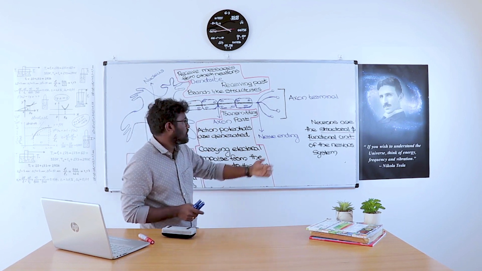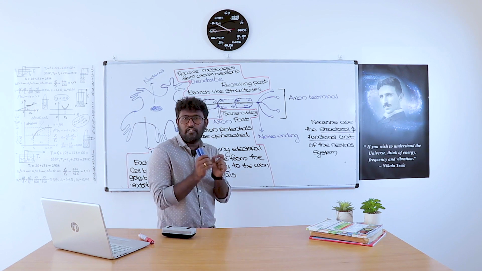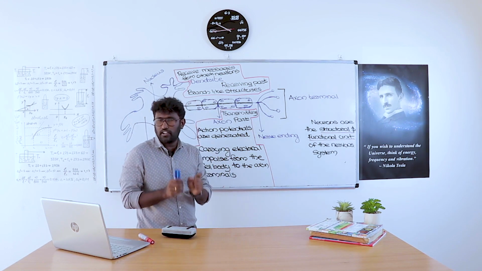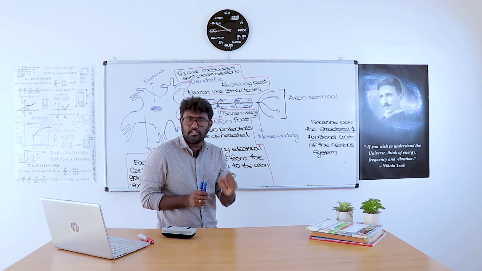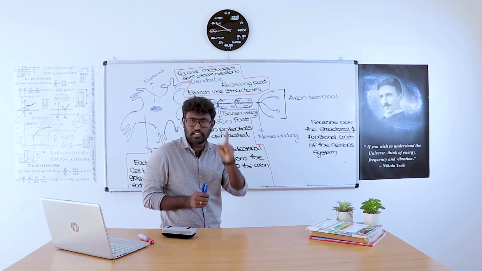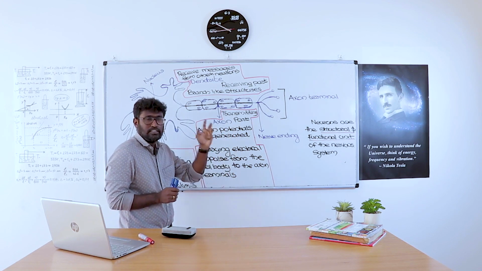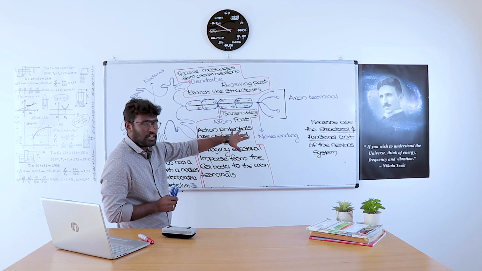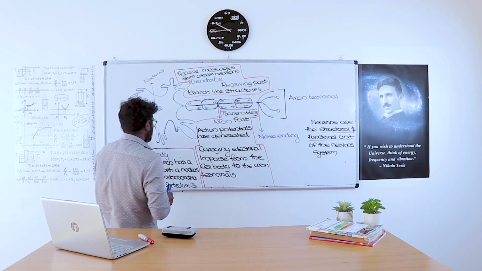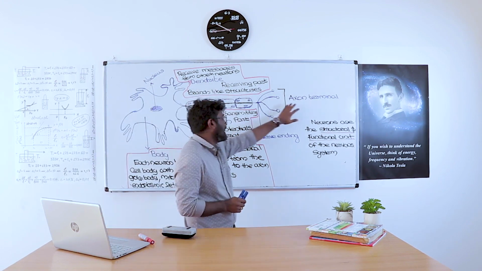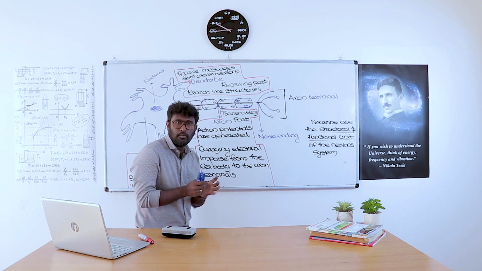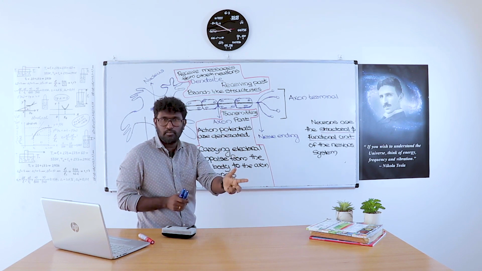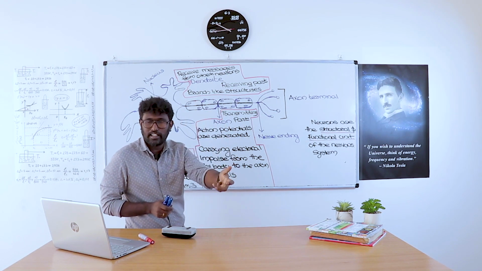So what is meant by neuron? Neurons are the structural and functional unit of the nervous system. A neuron diagram consists of cell body, axon, dendrite, axon terminals, and nerve endings. The main four parts are the cell body, axon, dendrite, and axon terminal. The cell body is composed of nucleus, mitochondria, Golgi body, endoplasmic reticulum, and other components.